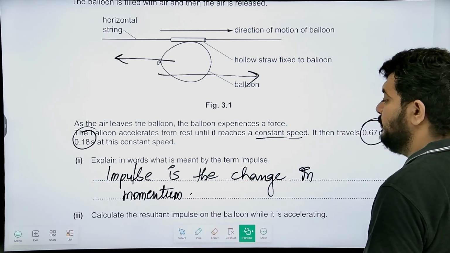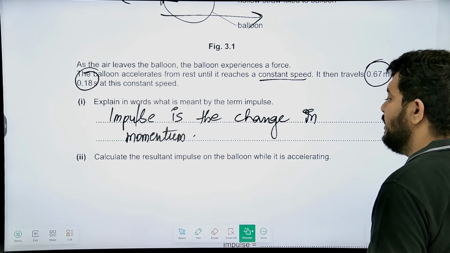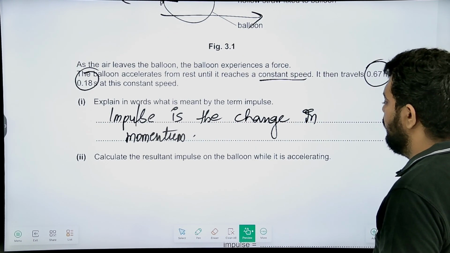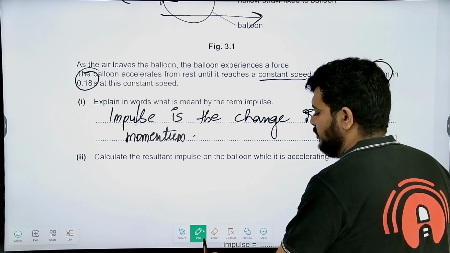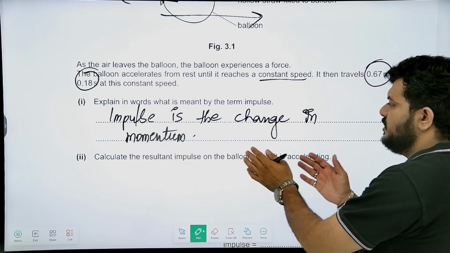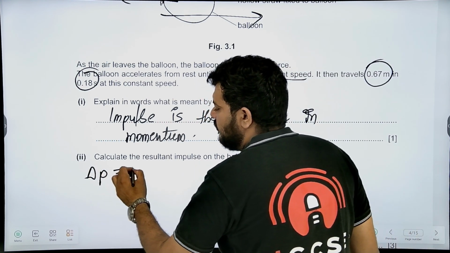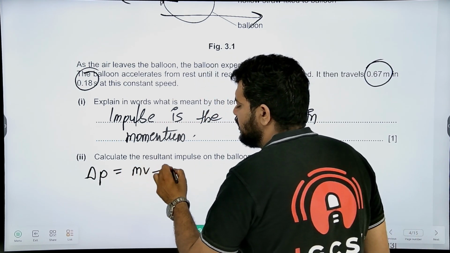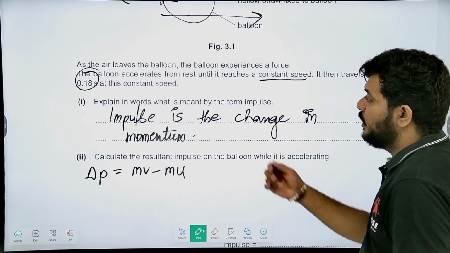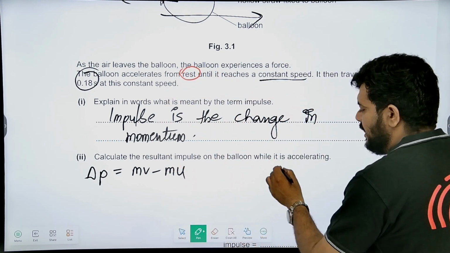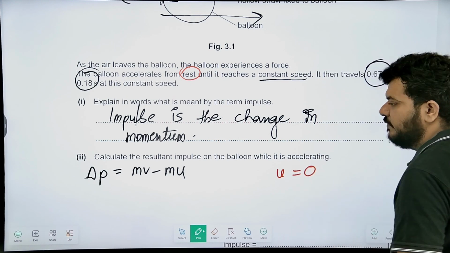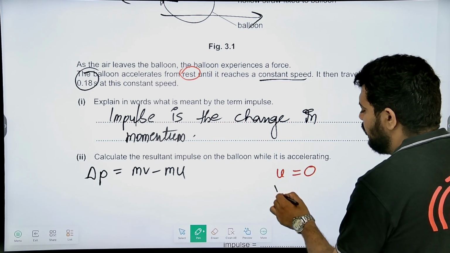Then calculate the resultant impulse in the balloon while it is accelerating. So what I will do, I've just said that impulse is change in momentum. So can I write the change in momentum is mv minus mu. Now because it accelerates from rest, can I say the initial velocity will be 0? Can I find out the value of v?